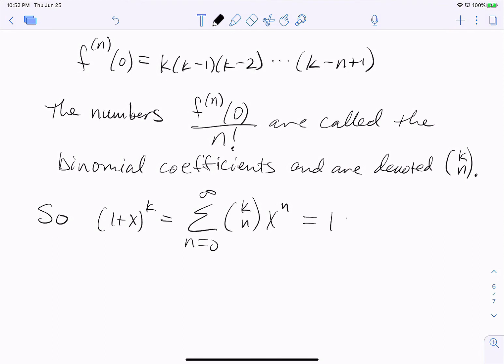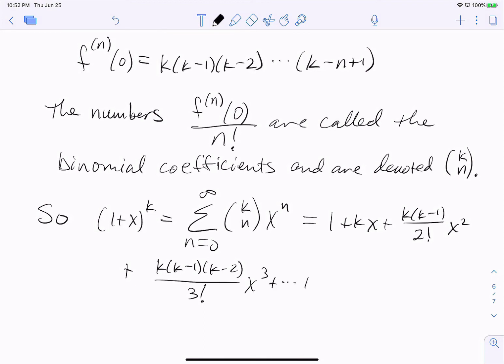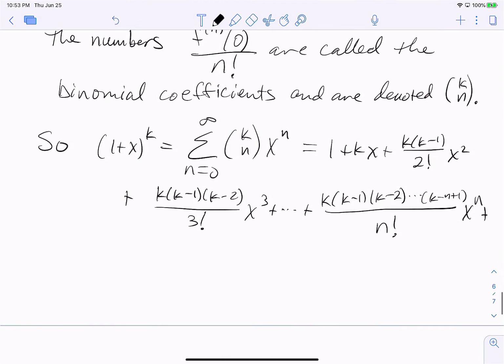Expanded, this looks like 1 plus kx plus k times k minus 1 over 2 factorial x squared plus k times k minus 1 times k minus 2 divided by 3 factorial x cubed plus, and now the general term, k times k minus 1 times k minus 2 times, and so on, times k minus n plus 1 divided by n factorial x to the n, plus and so on.